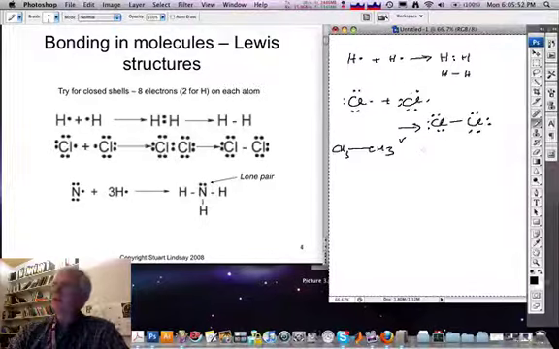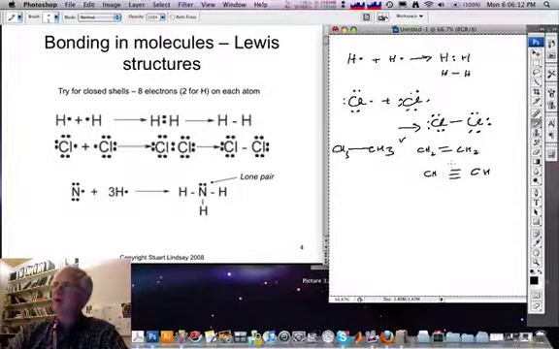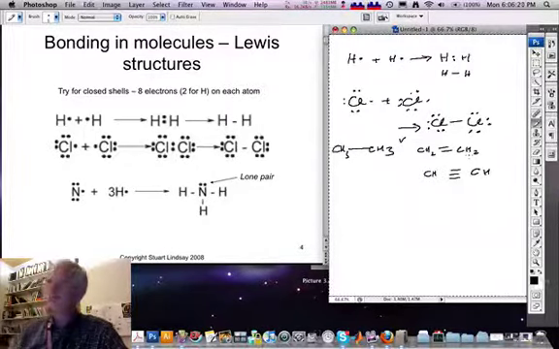But we could discard hydrogens from the end and form this compound, CH2, CH2, in which case we would now share a total of 4 electrons between the 2 carbons, and this is shown as a double bond. We could even form this compound, in which case now we have a total of 6 electrons shared between the 2 carbons, 2 shared with the hydrogen, so we have closed shell configurations for all.